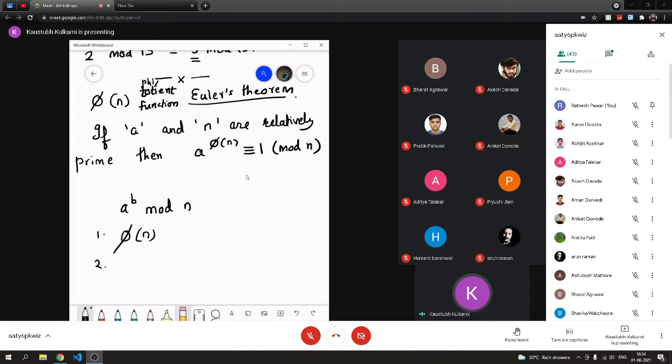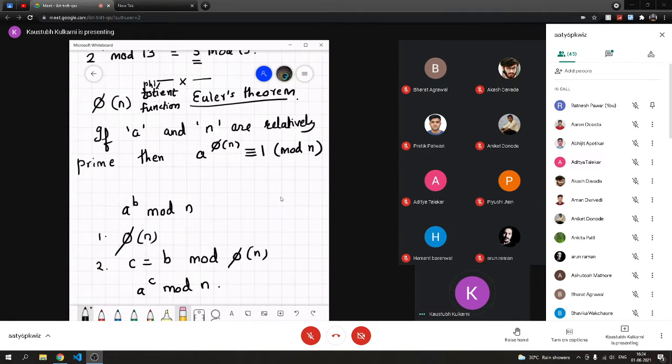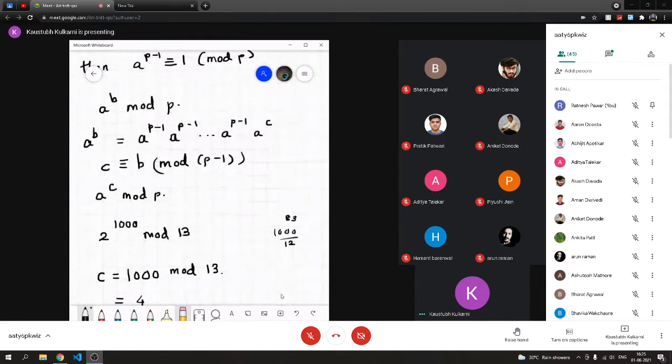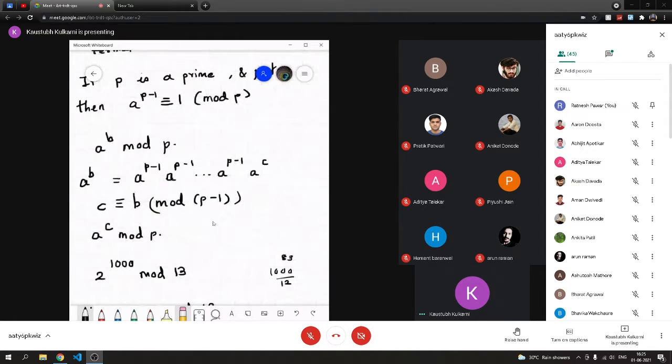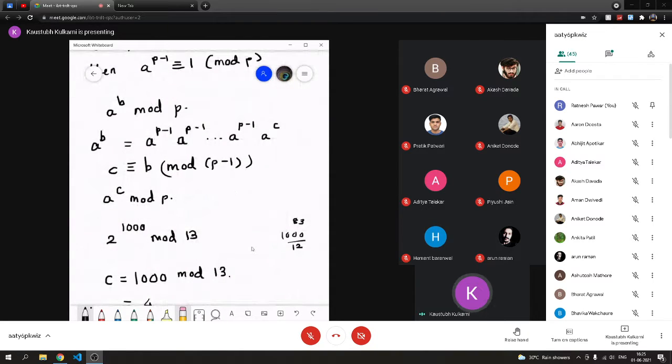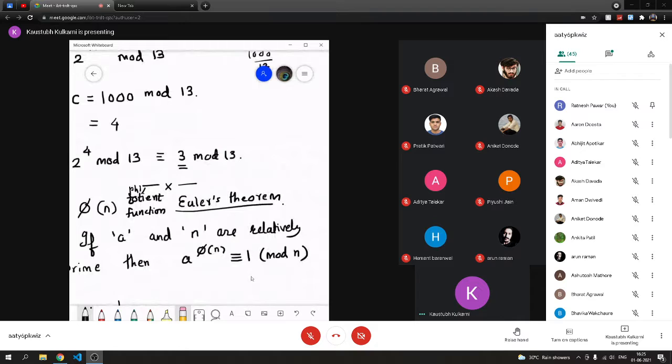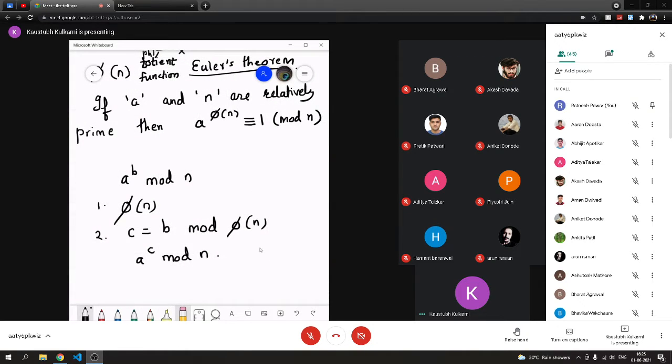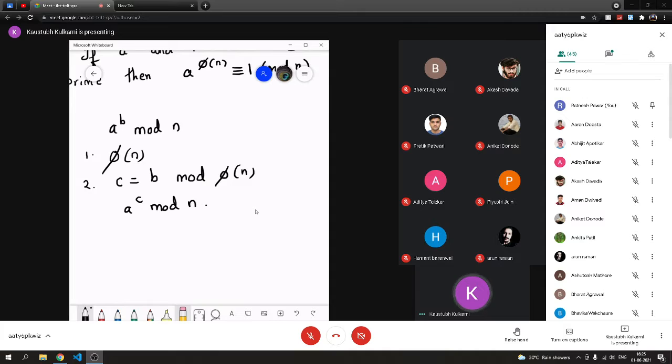Then calculate c as b mod phi of n, and then a raised to b mod n gets simplified into calculating a raised to c mod n. Almost similar steps to before. Instead of p minus 1, we have phi of n.